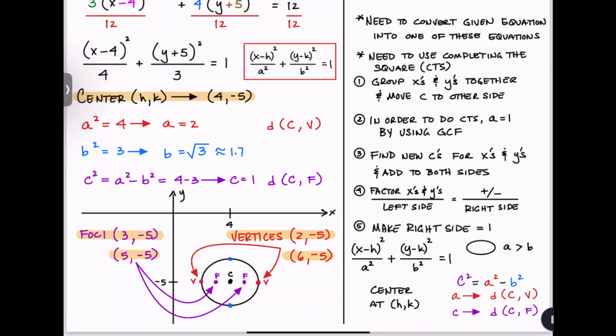For me, I think it's necessary to graph it in order to see those points. Although this was easier, right? Luckily the focus wasn't like the square root of 3, because that would be a lot harder to see.